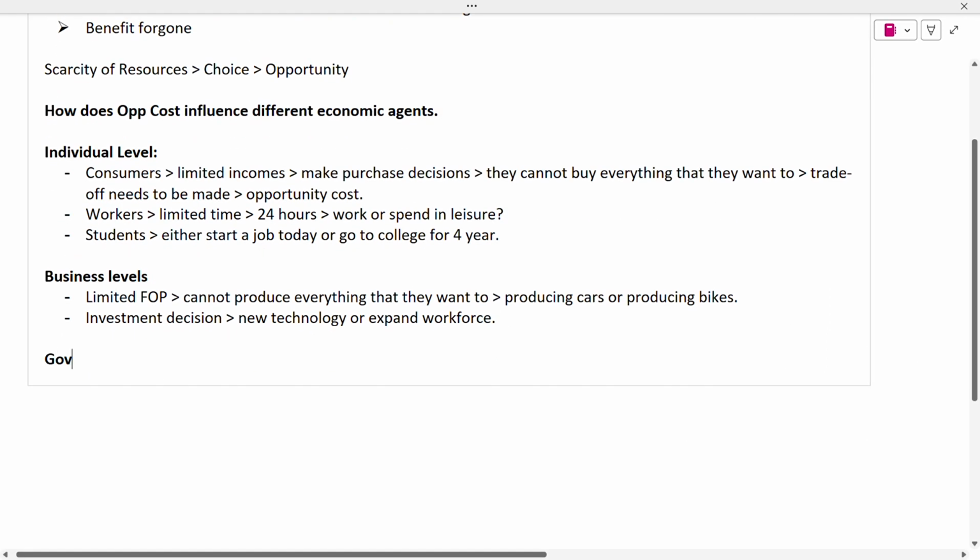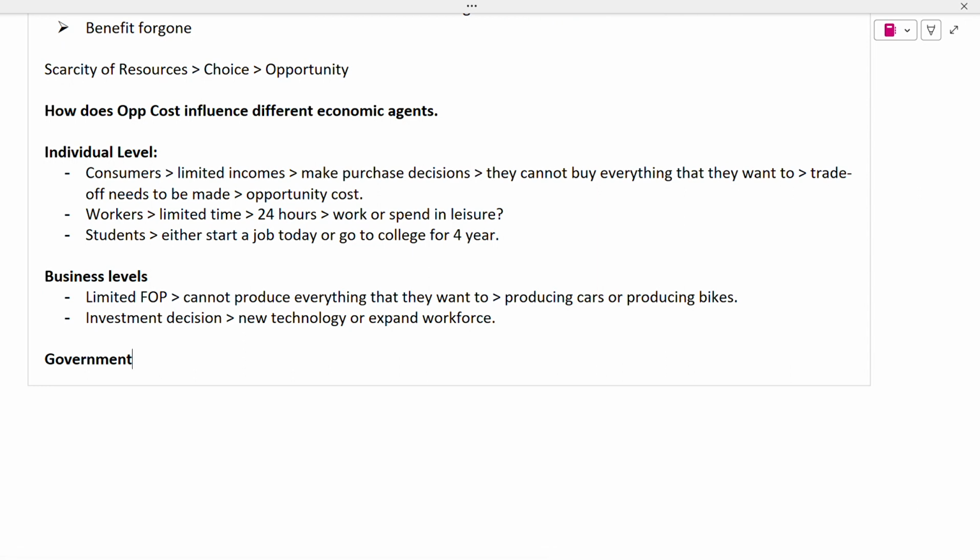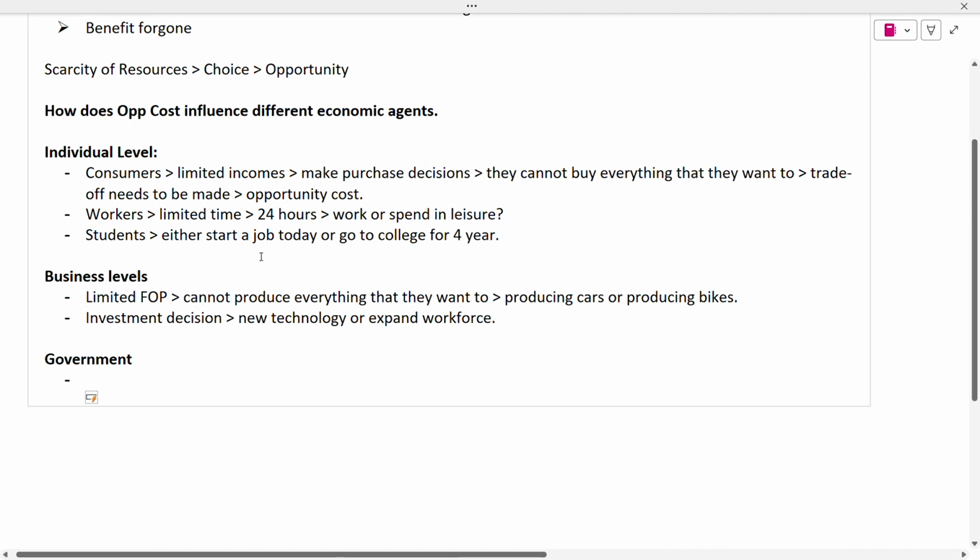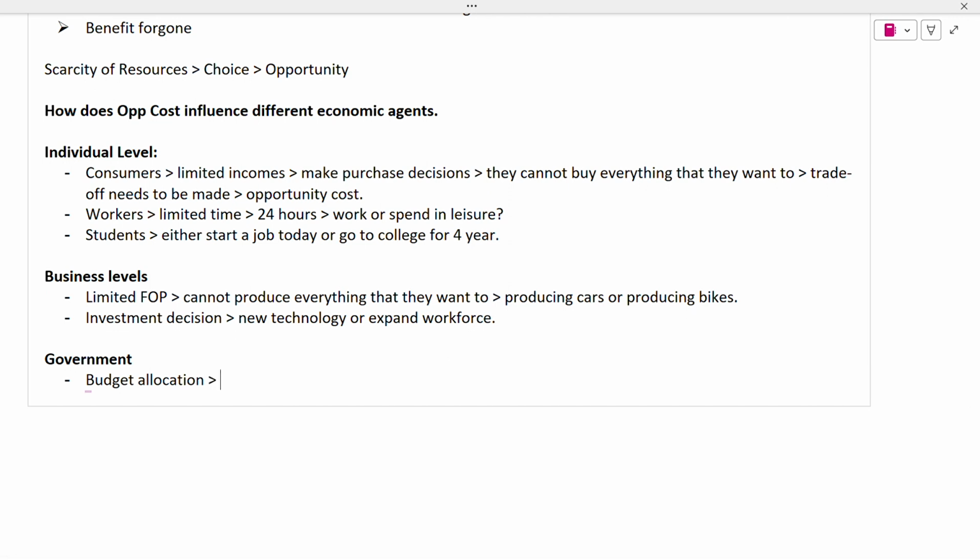Finally, let's talk about the government, which we also covered in the earlier lecture. At the government level, the primary opportunity cost is in budget allocation. The government might need to decide whether to spend on education versus healthcare, right?